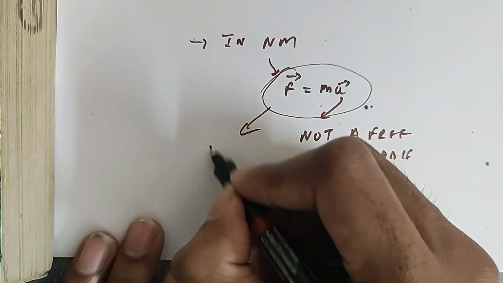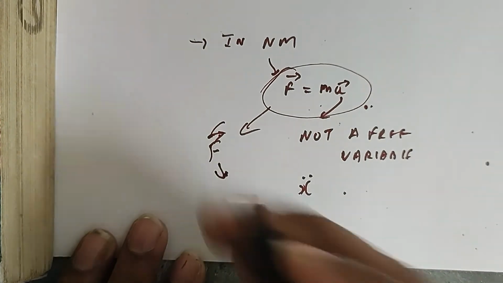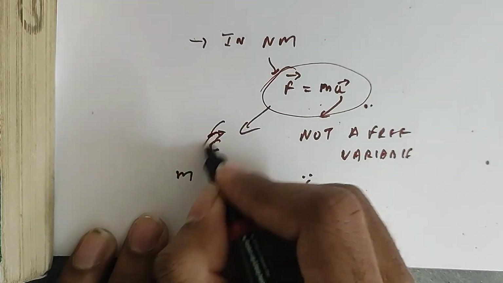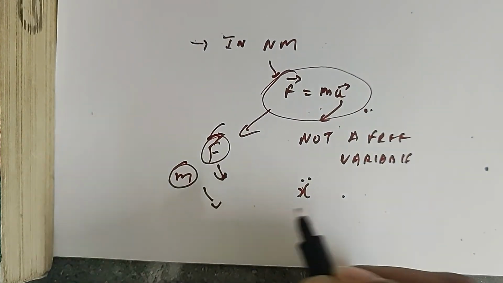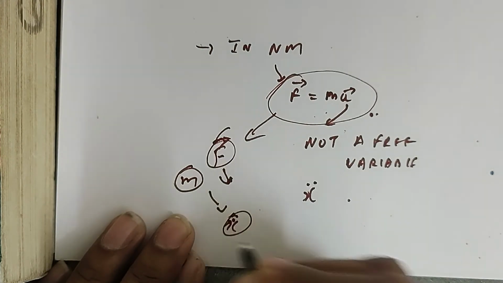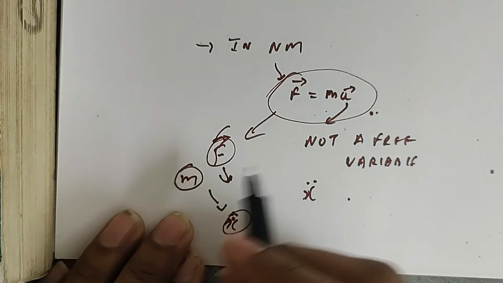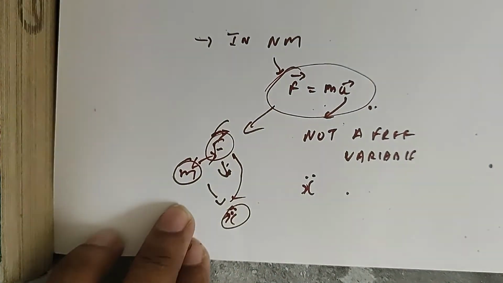I have force, alright? So I know for this kind of force, and for this particular mass, my acceleration would be this. It has to be a definite quantity. If I know force and if I know mass, I can predetermine what my acceleration is.